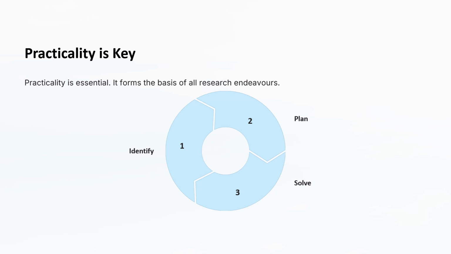Is it what you want to do? Is it important? Is it vital? It should form the basis of all your research work. How practicable is it in the work and in the solution? All of them, practicality is important, because if it's not practicable, it is not useful.